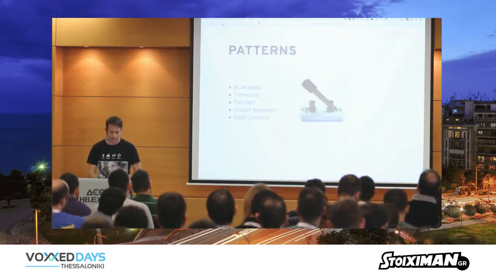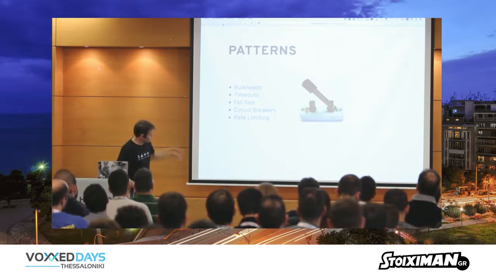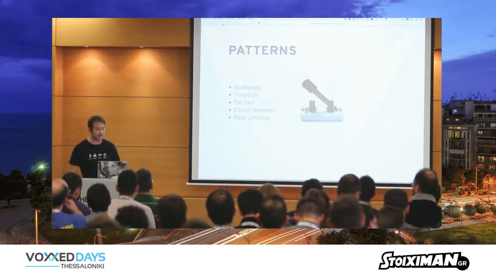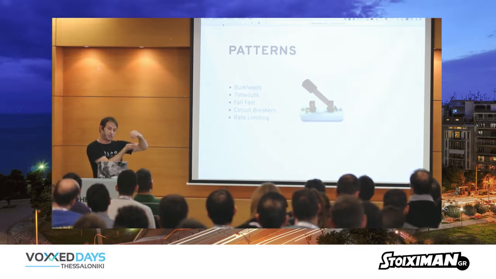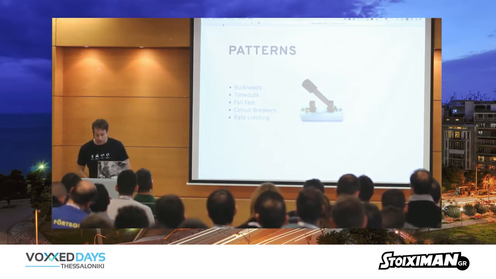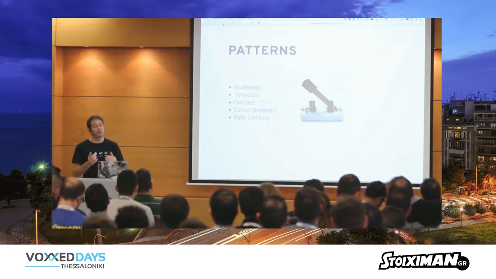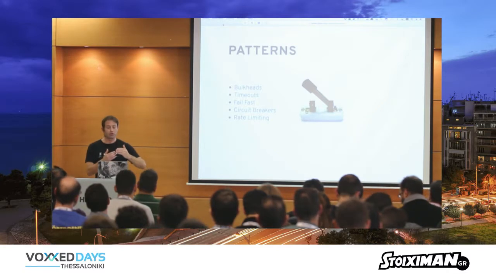Leave it at that. Coming back to the patterns, the last pattern I want to mention is rate limiting. Rate limiting I don't hear so often, but I think it's a great technique. With rate limiting, the idea is that you put something at the entry point to your services, which allows you to rate limit. Per default, it can be just open, but you may also want to slow down your services, so that you can only do a certain amount of requests per second.